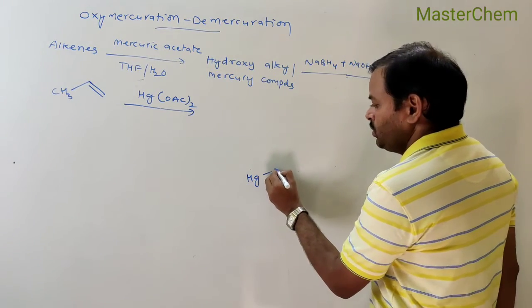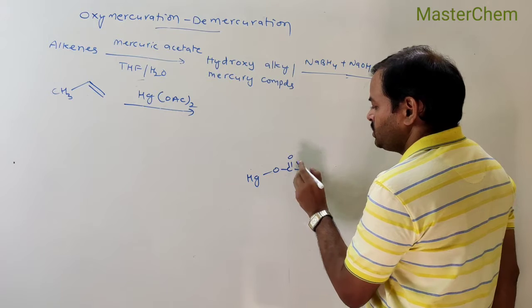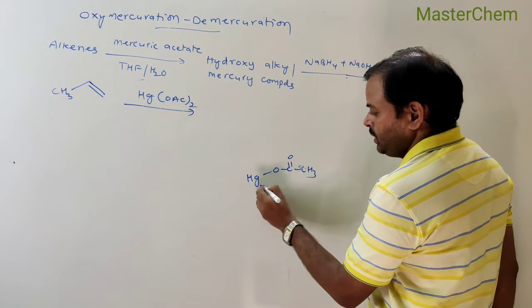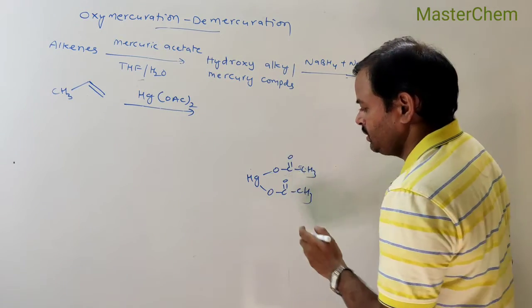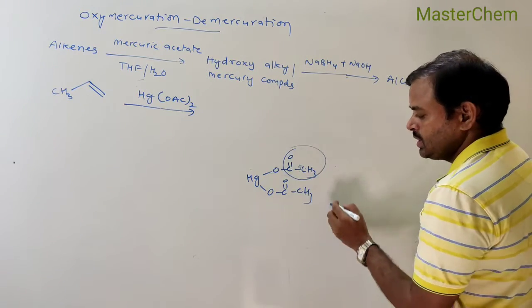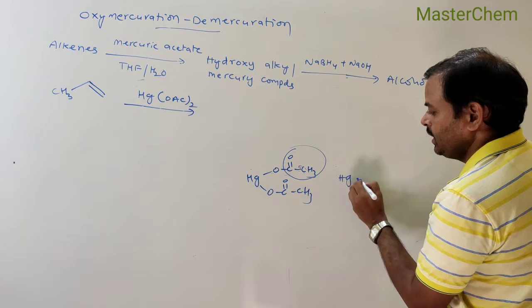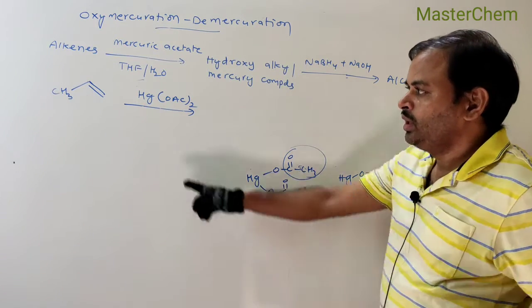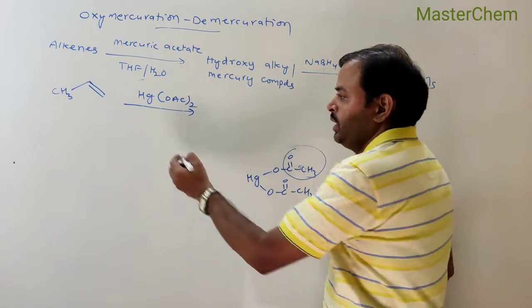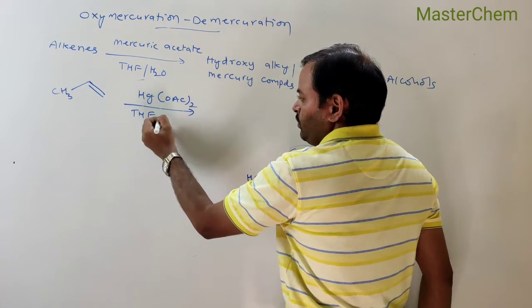Acetate means OCOCH3, HgOCOCH3, the actual structure of this one. As this is an acyl group, we can write it as HgOAc taken twice, and THF with water.